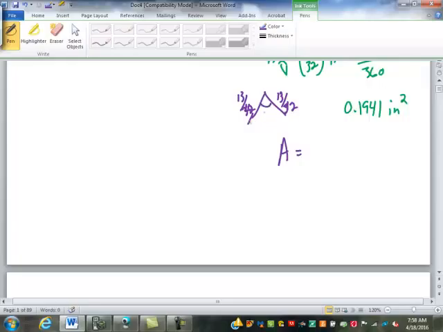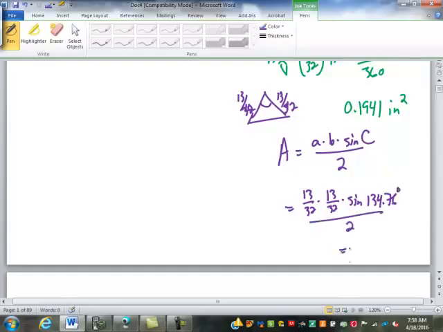If you have two sides and the angle in between them, the area is side 1 times side 2 times the sine of that angle in between them divided by 2. So here it's going to be 13/32 times 13/32 times the sine of 134.76 degrees all over 2.